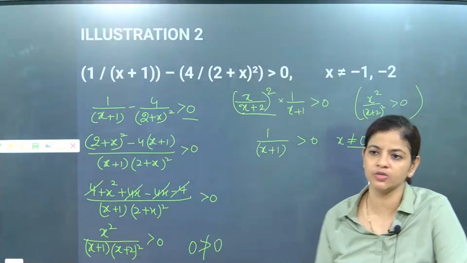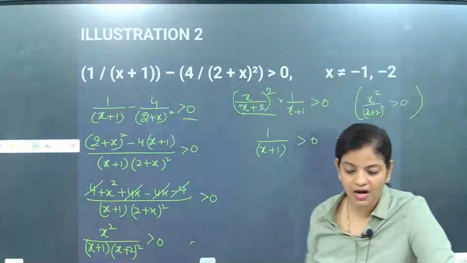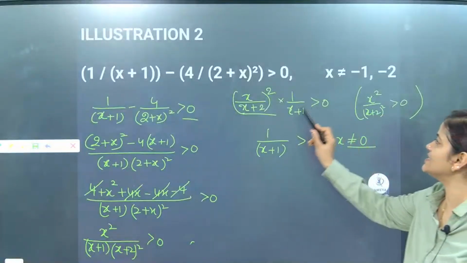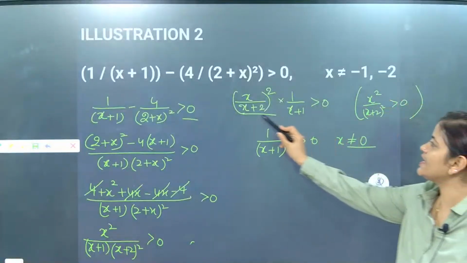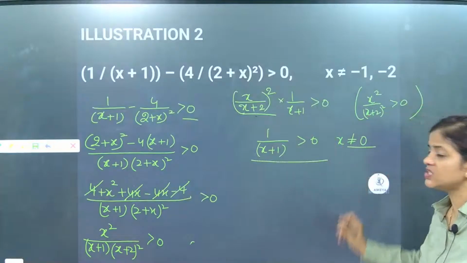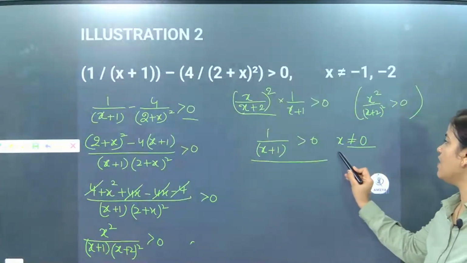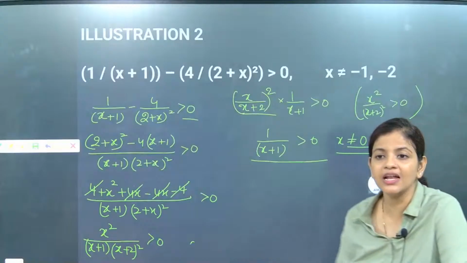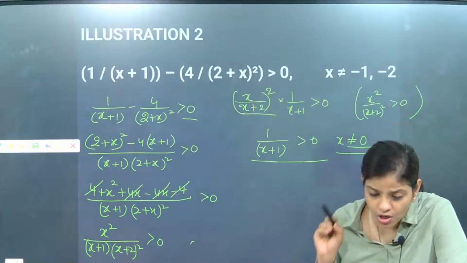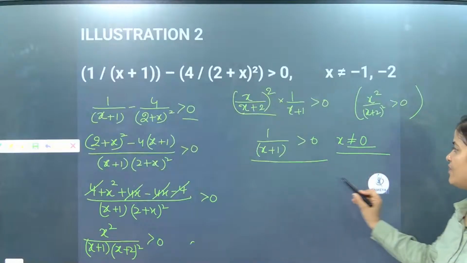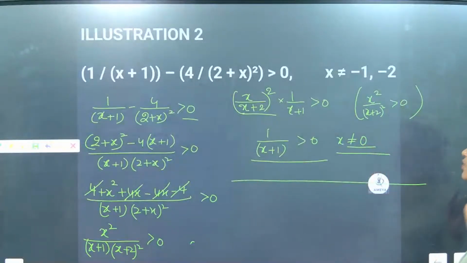How can it be possible? So when we are not taking this part and are only considering this one for finding the further region, at that time we must write that x should not be equal to 0. And once we have written that, now we are ready to draw.